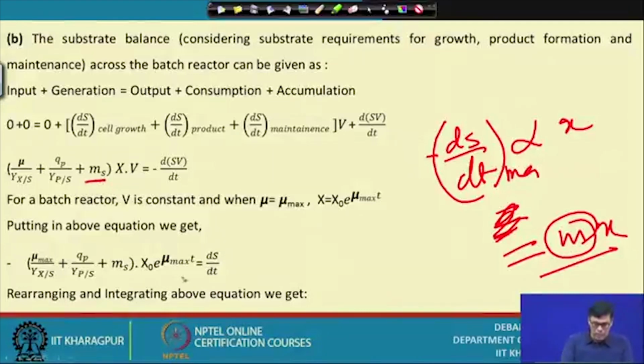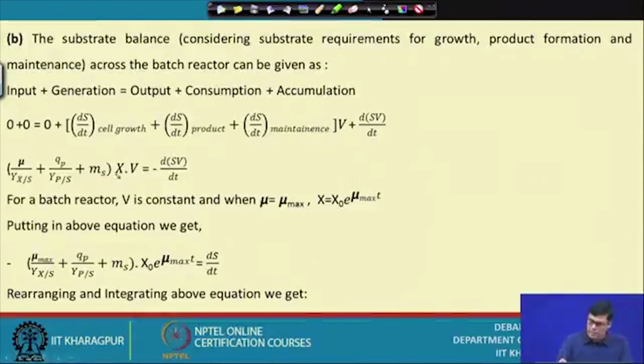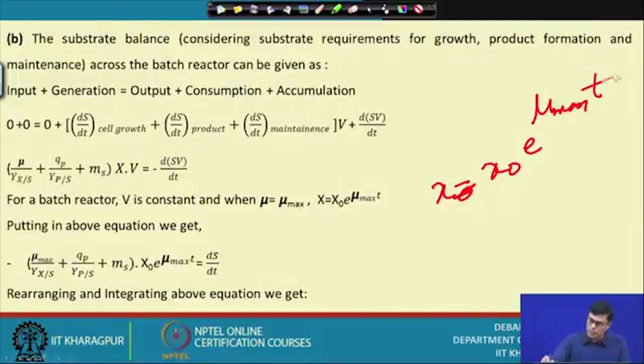So this is how this equation has come, and we have already calculated the X value. How can you calculate it? X equals X0 e to the power mu max into t. We have shown you before, I am not showing you again here. So this is what we can put here, and this is equal to dS by dt.